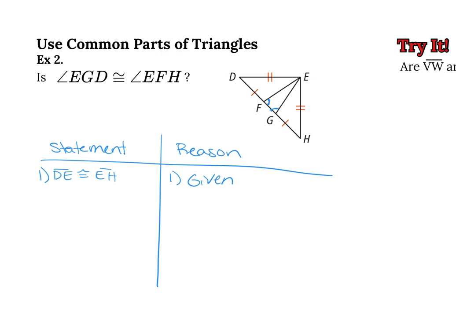Okay, and because those two sides are congruent, I know that angle D would be congruent to angle H through isosceles triangles, so definition of isosceles.